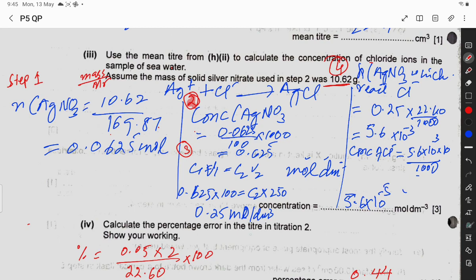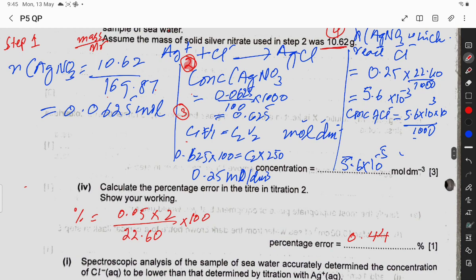In this way we can find out the concentration of chloride ion, as silver nitrate reacts with the chloride ion. So C1V1 is equal to C2V2: concentration of silver nitrate, volume of silver nitrate, and concentration of chloride ions and volume of chloride ion.